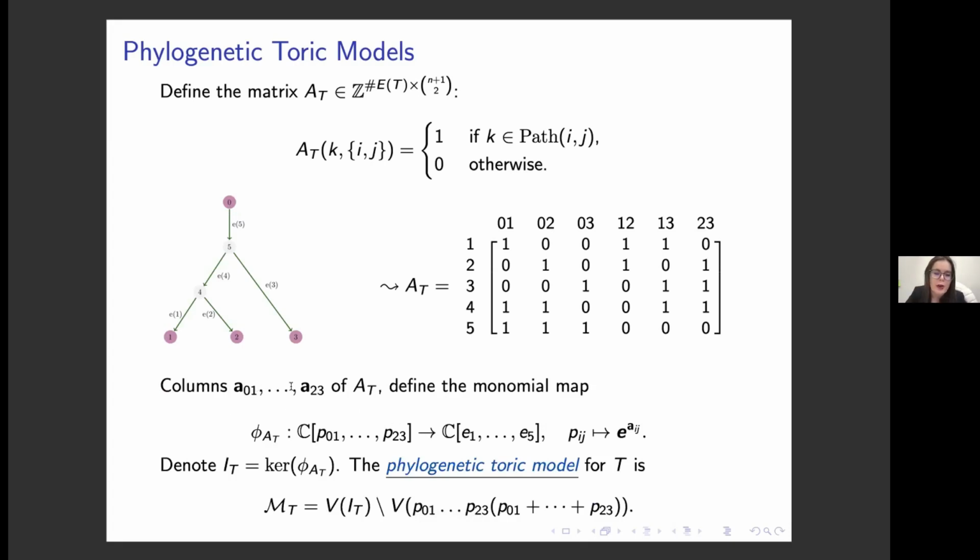If A_01, and so on, A_23 are the columns of A_T, we have this monomial map that sends each p_ij to e^{A_ij}, so for instance p01 goes to e1 times e4 times e5, and so on. The kernel of this map will be denoted by I_T, and the phylogenetic model that I mentioned earlier is the variety formed by this ideal I_T without the points that do not make sense as probabilities.